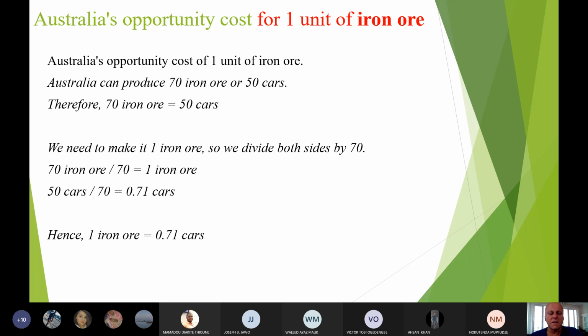And 50 cars, when divided by 70, will offer us 0.71, which is less. Then 1 iron ore is supposed to be equal to 0.71 cars, which is less.